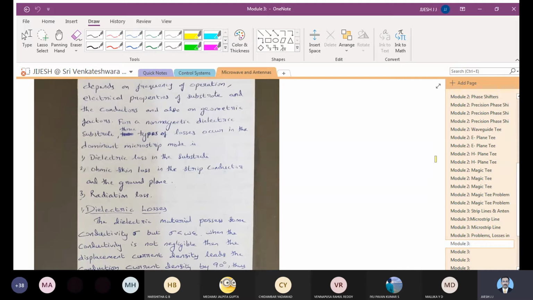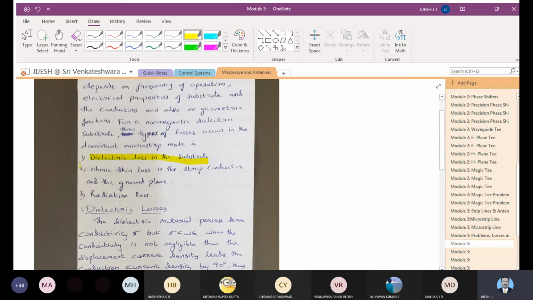There are three types of losses which are most dominant in microstrip mode of operation. The first one is called dielectric loss in substrate. The second one is called ohmic loss in the strip conductor and the ground plane, and the third one is called radiation loss. These are the three main losses which take place in the microstrip line, and we are going to discuss all three in detail.